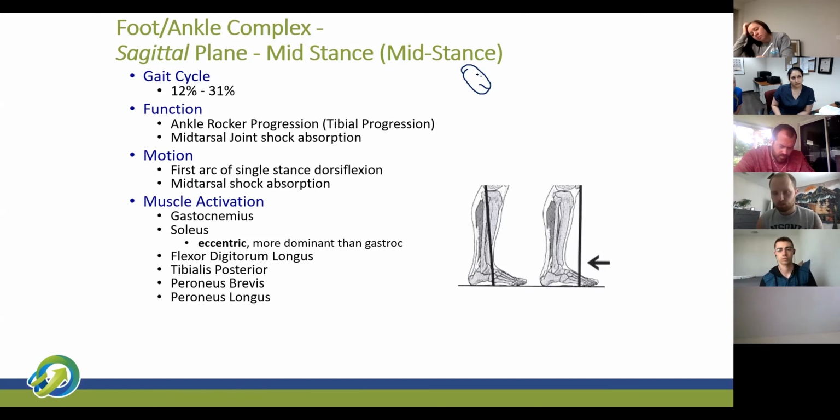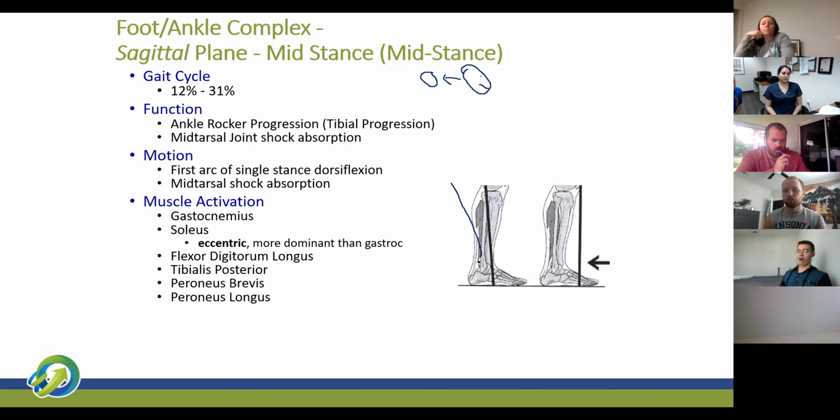So we've gone from our body being back here somewhere, with the ground reaction force coming up at a posterior angle, to now the body being right on top of the locomotor unit. The ground reaction force has shifted anteriorly, and now it's basically straight up and down, or perpendicular to the surface.